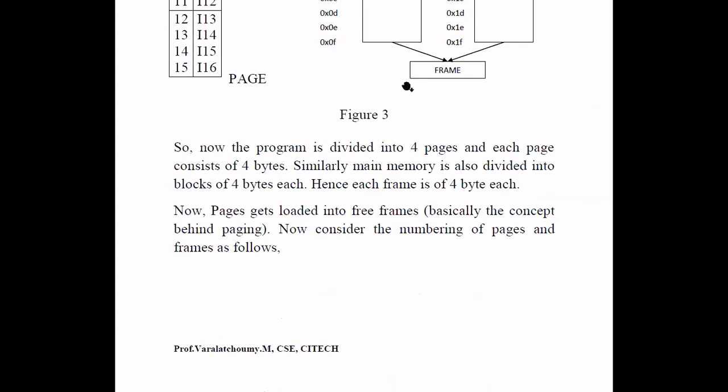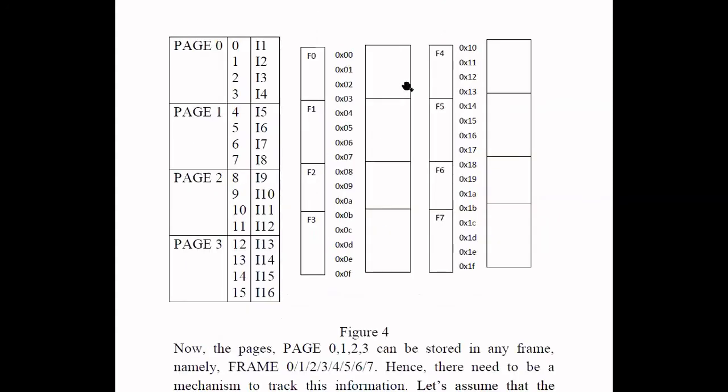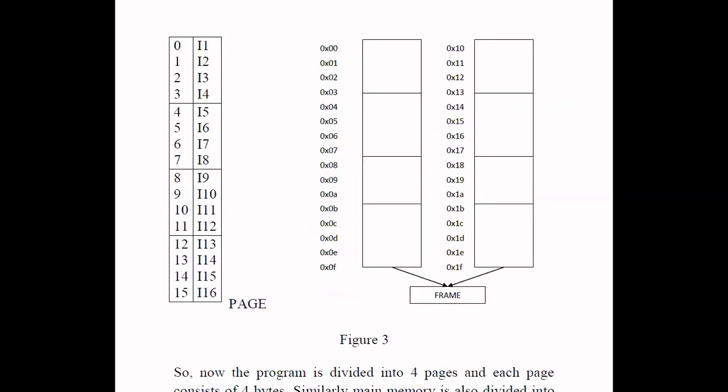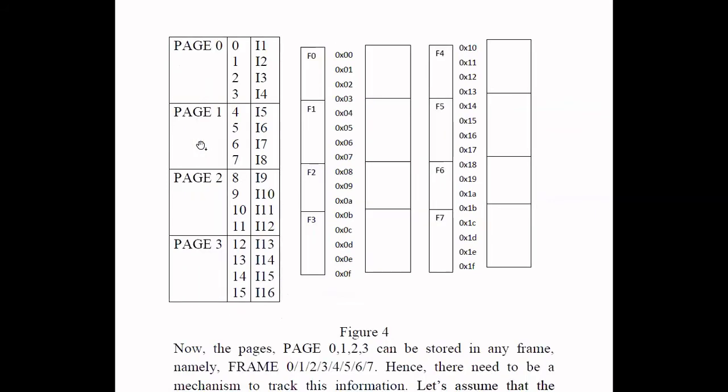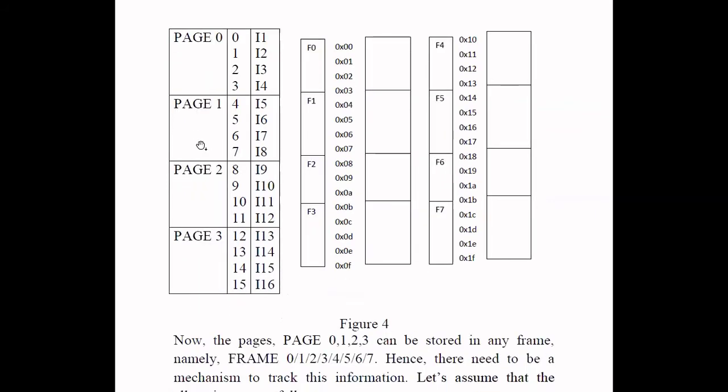What we are trying to do here is map or fit these pages into the frames. Whichever frame is free, in that we place a particular page. This diagrammatic representation gives more clarity regarding how things are going on. Here, every page has a numbering.